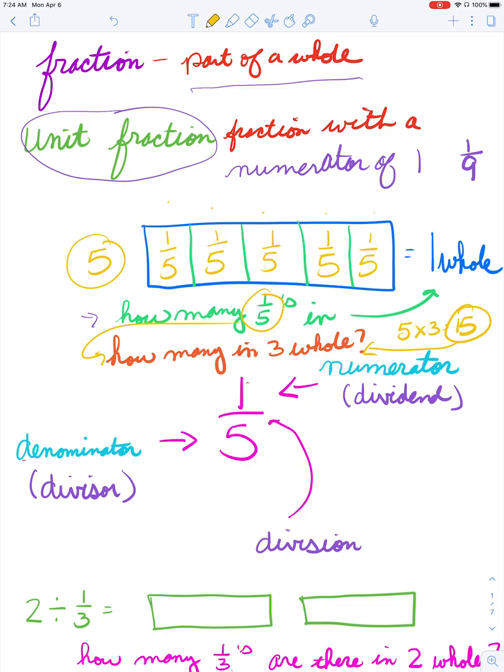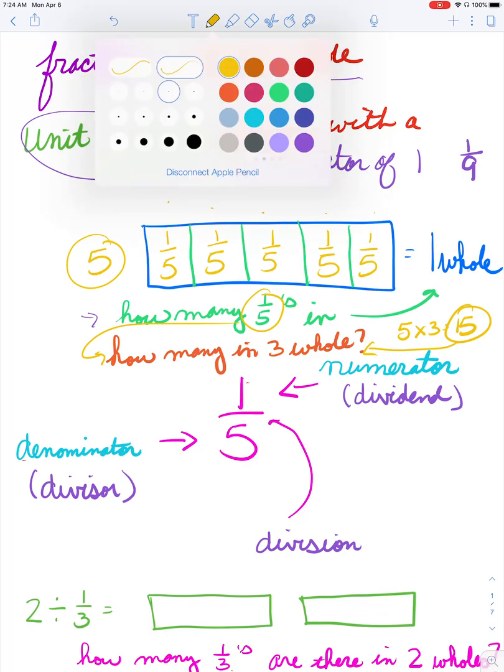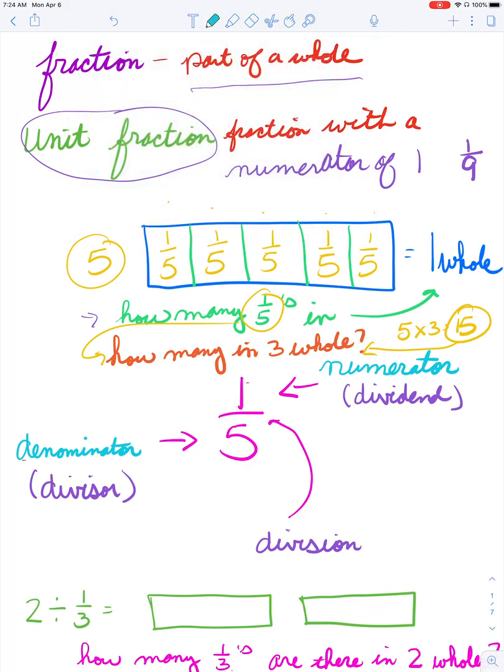A couple of things to think about when you're looking at your fractions and determining what part is which. The numerator is the number on top, and it is also known as the dividend. So for our division problems, this would also be written as 5 divided by 1. The dividend is always going to be the first number in the division, or the number underneath the division sign.